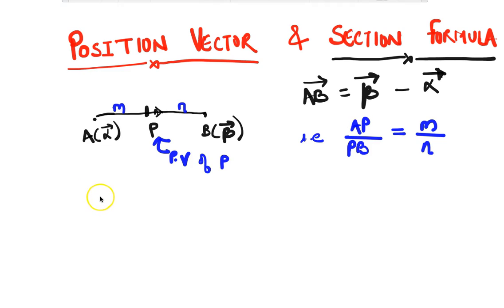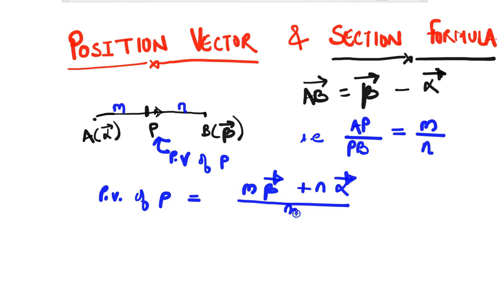So I claim that the position vector of P is equal to m times beta vector plus n times alpha vector upon m plus n. Let's prove this.